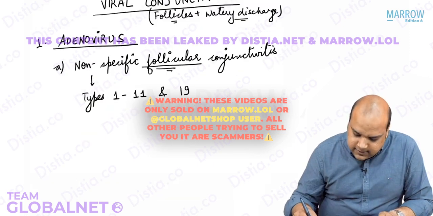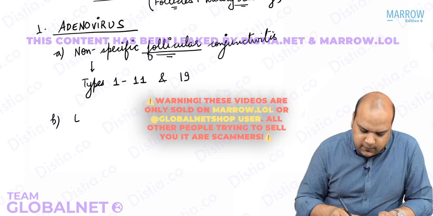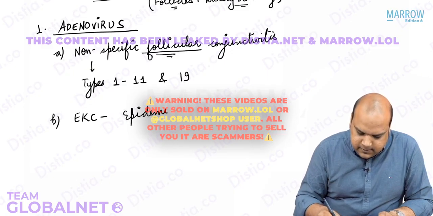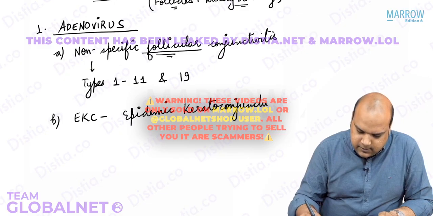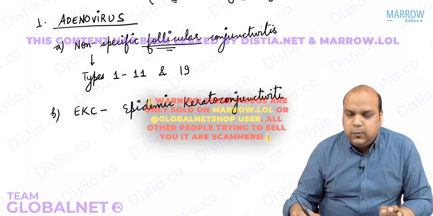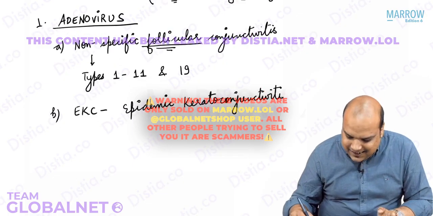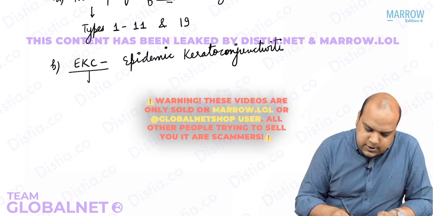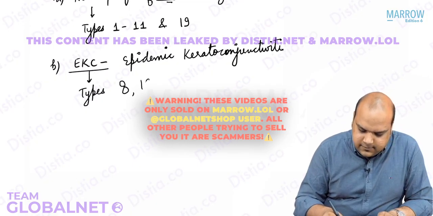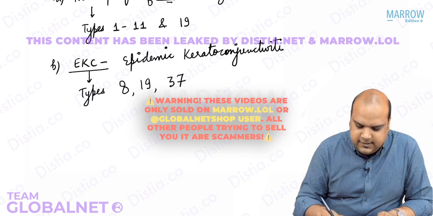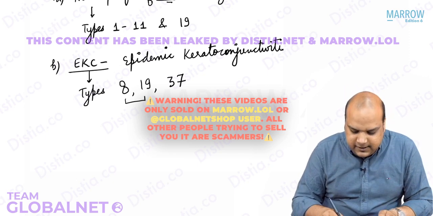Okay? The second manifestation, everybody, is called EKC, epidemic keratoconjunctivitis. Epidemic keratoconjunctivitis, EKC. This is caused by serovars or types 8, 19, 37. 8 plus 19 is equal to 27.